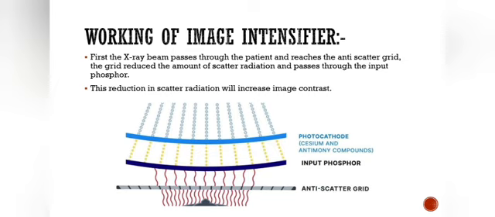The grid reduces the amount of scatter radiation, and then the beams pass through to the input phosphor. So the anti-scatter grid is reducing the radiation and it will give a good image contrast.